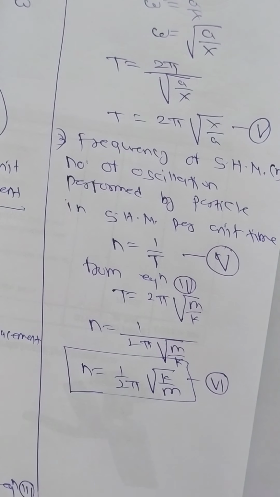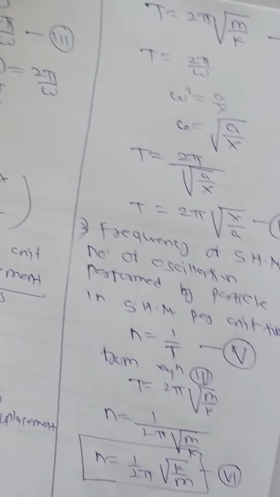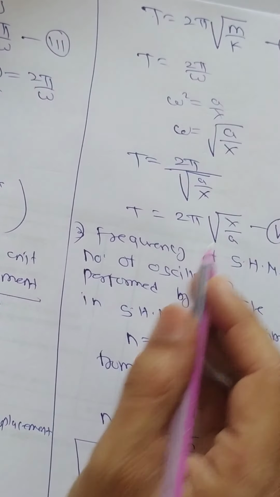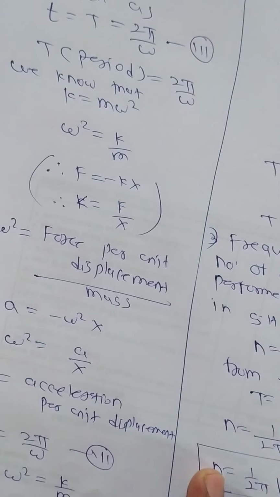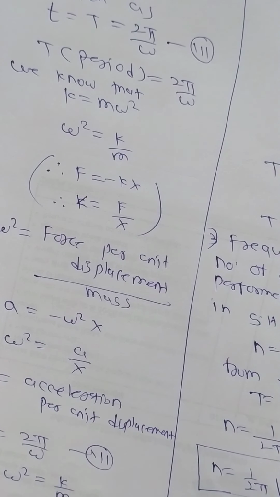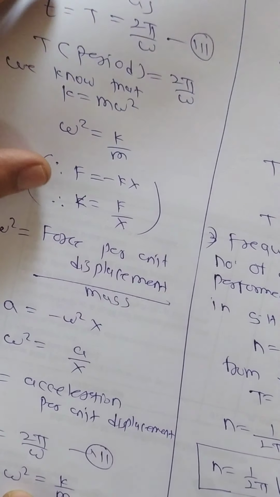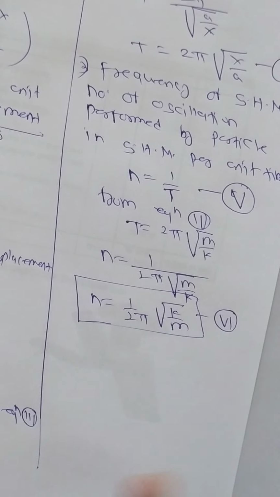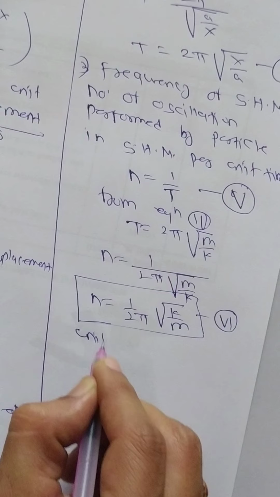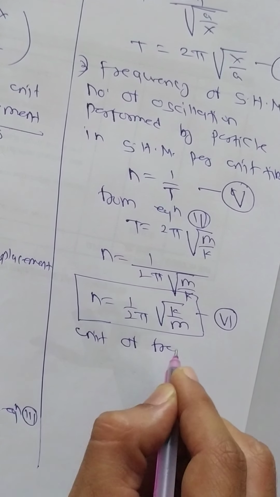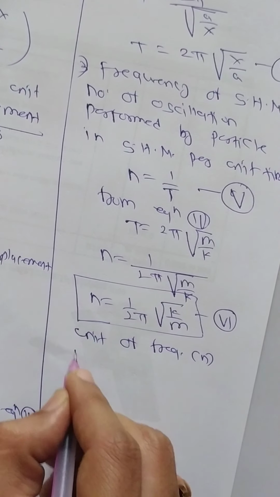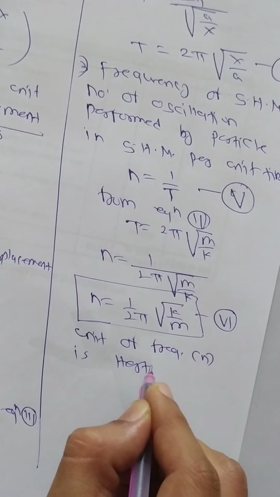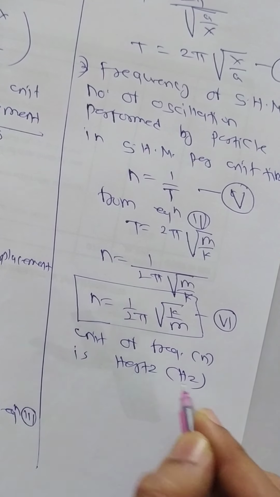And we know that there are 2 to 3 units of frequency. The unit of period is second. The unit of amplitude is meter; amplitude can be measured in meter or centimeter. Now the unit of frequency n is hertz. In short we write Hz.